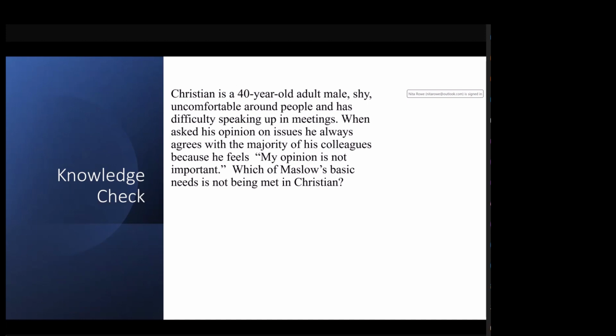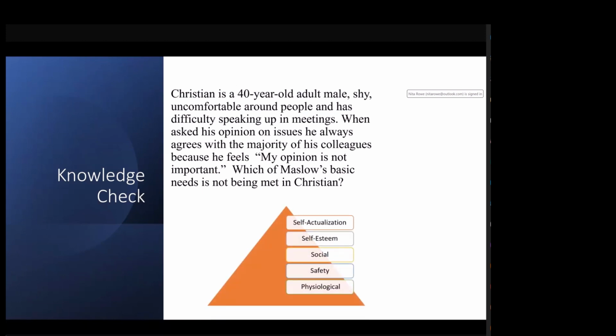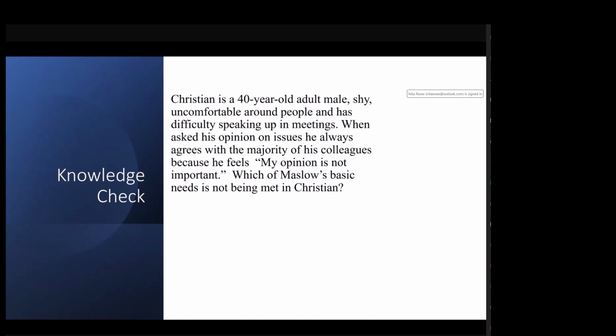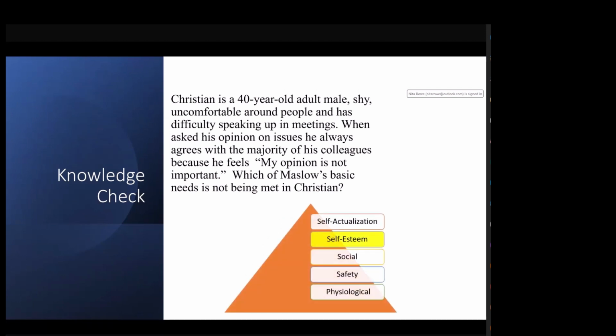Okay. Thank you. All right. Everybody says self-esteem. Okay. Any disagreements with that? No disagreements? Okay, so let's see what it is. It's self-esteem. Okay, you're absolutely right. It's self-esteem. So these are an example again of what I'm going to be asking you.